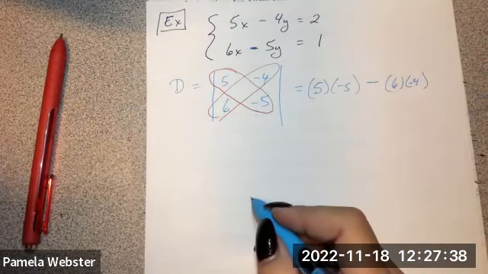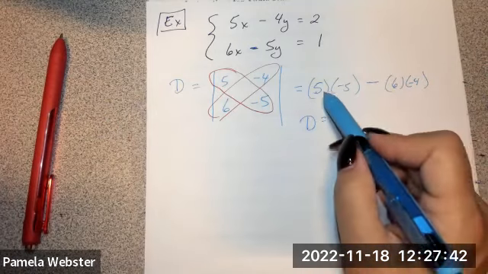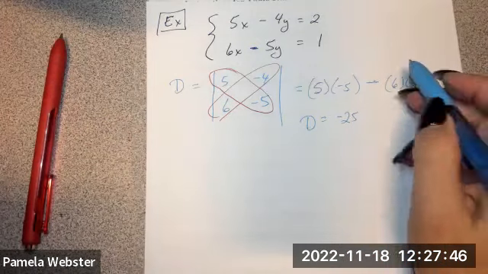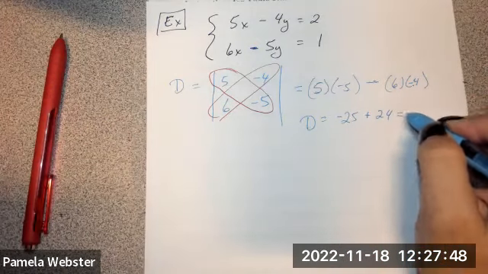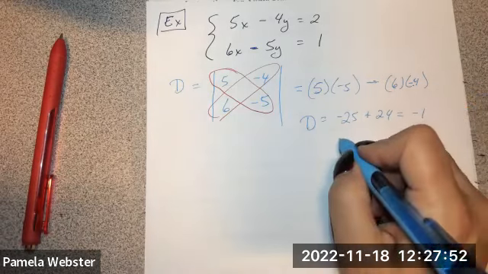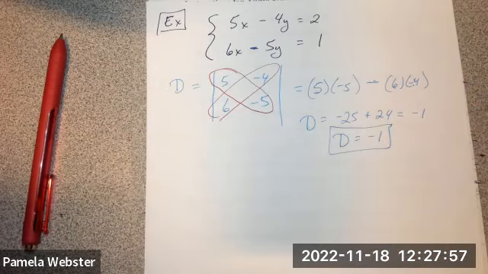Okay, and this is actually going to look pretty nice for me because what this tells me is -25 minus and a minus is a plus 24. That's not a bad number, right? That's a -1. So D equals -1. That makes my life a little easy probably when I would go to do these ratios. So we'll do that in a second. Okay, D equals -1. I got a value.